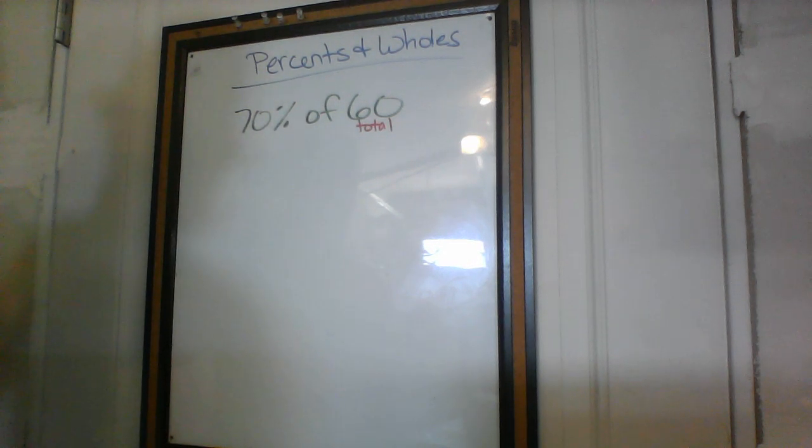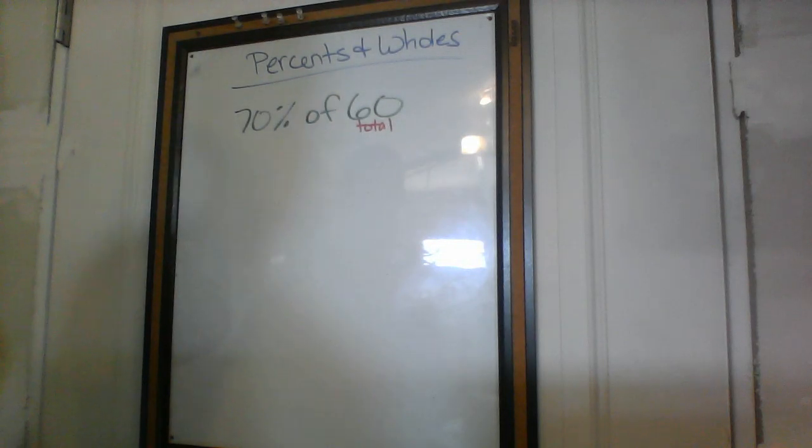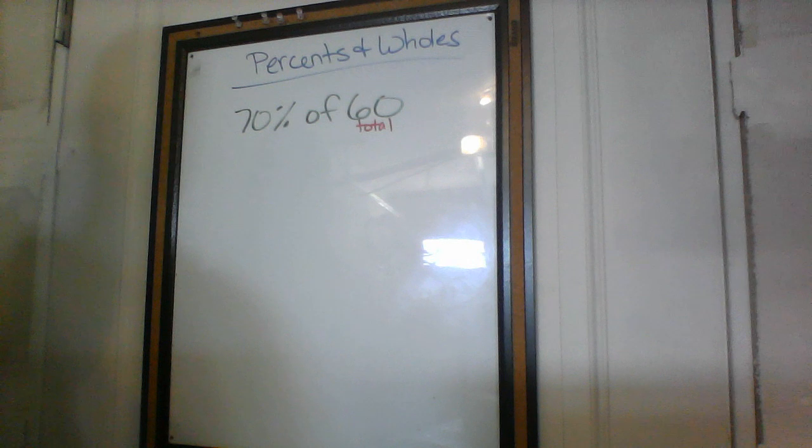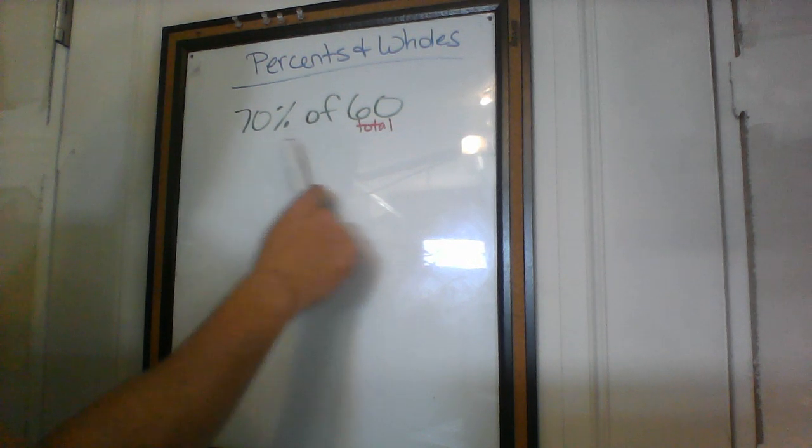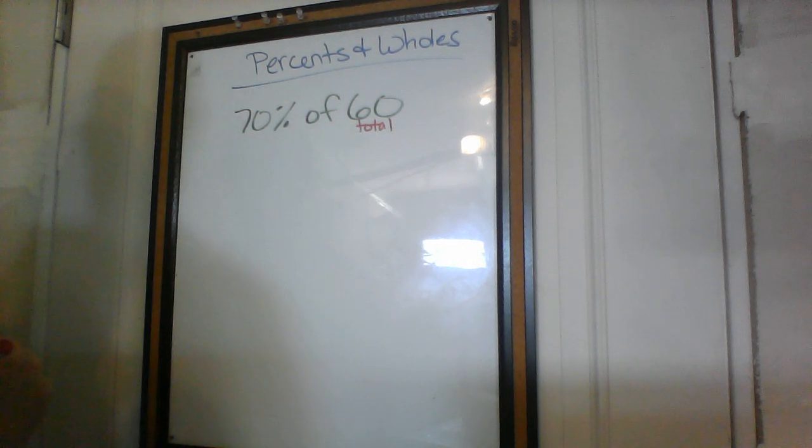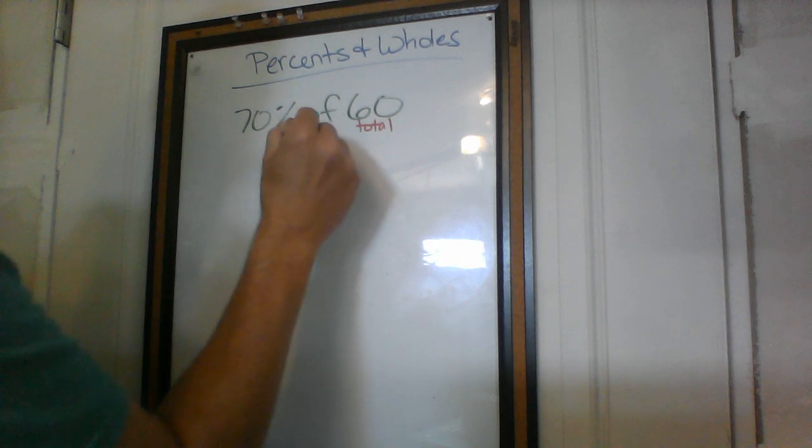If we use 70% of your bank account, to figure out what that is, we're going to figure out 70% of that total. Remember, when we see this setup, we are going to do multiplication.